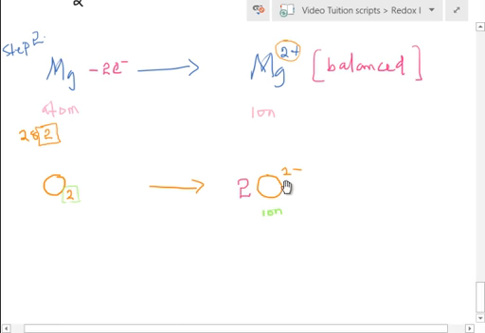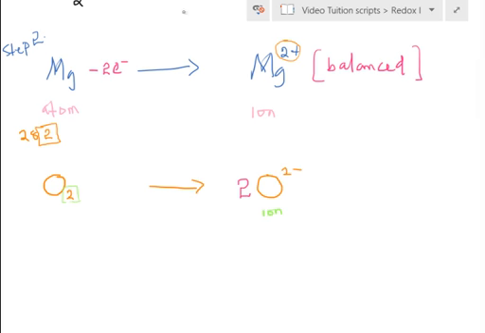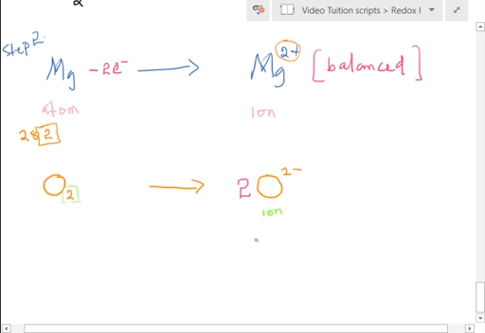It becomes oxygen ion because if you remember, look at the electron configuration of oxygen. Oxygen is 2, 6. For oxygen to be stable, just like a group 8 element, it will need to accept 2 electrons. So this charge here is showing that oxygen has accepted 2 electrons.